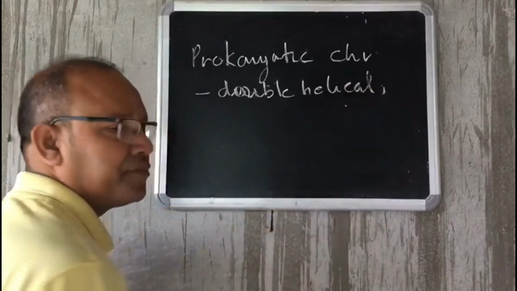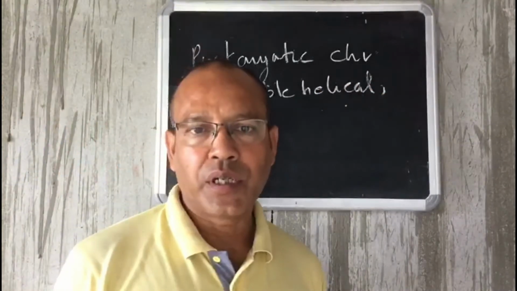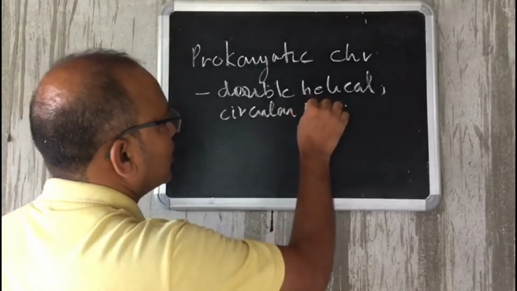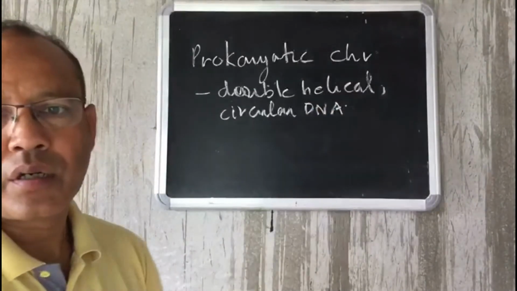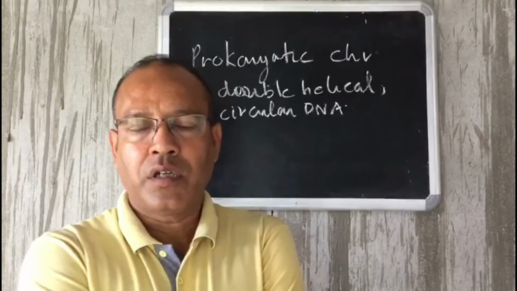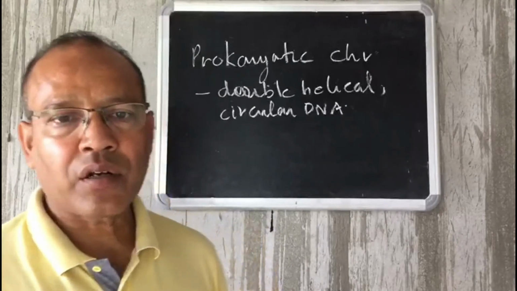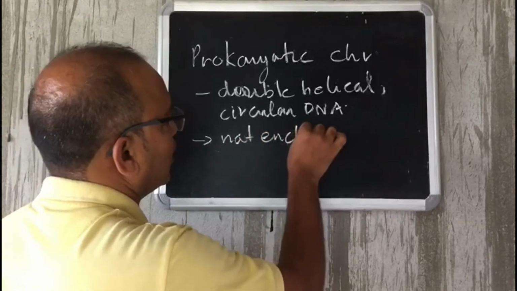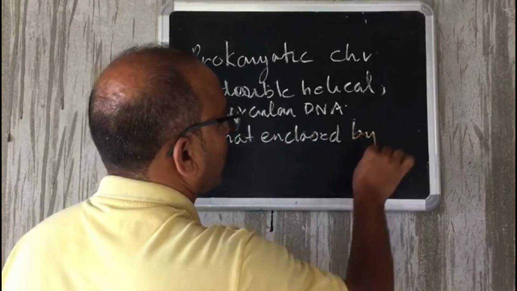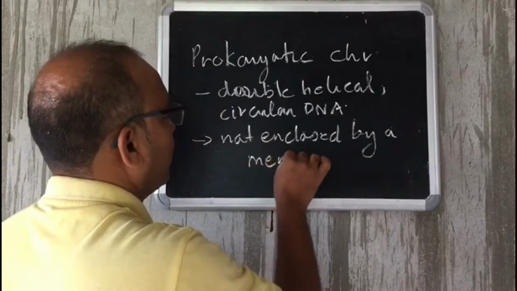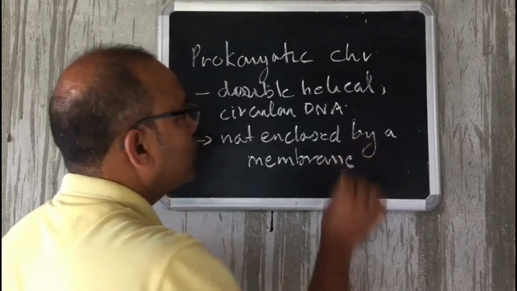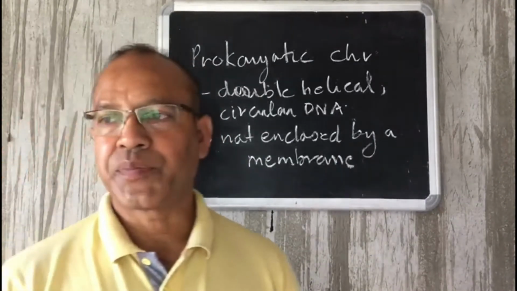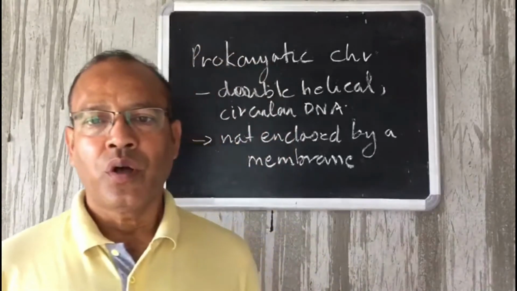It could be double helical or circular DNA, not enclosed by a membrane. We already know in a prokaryotic cell, the nuclear membrane is absent, so the nuclear material remains suspended in the cytoplasm. So there is no membrane.